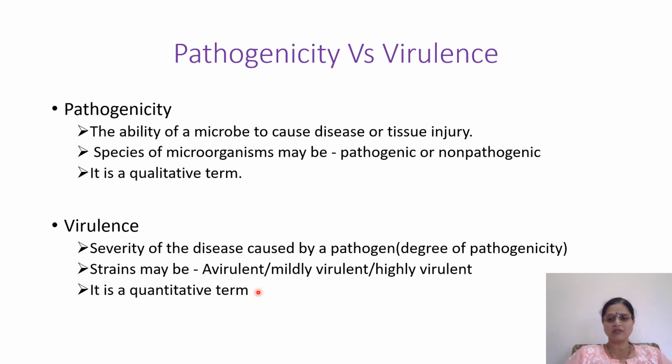Such strains are called avirulent. So basically virulence is a quantitative term. That means we are going to measure the pathogenicity of an organism. If the pathogenicity of the organism is very less, then we call that organism a mildly virulent organism. Whereas if the pathogenicity of the organism is very high, very severe, then we call that organism a highly virulent organism.